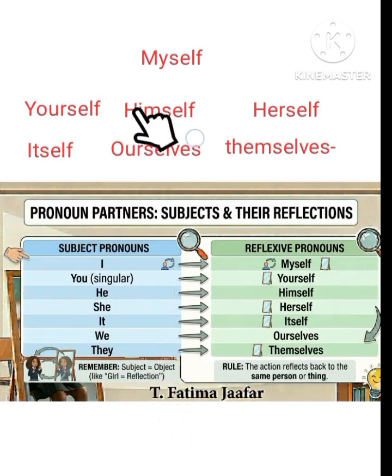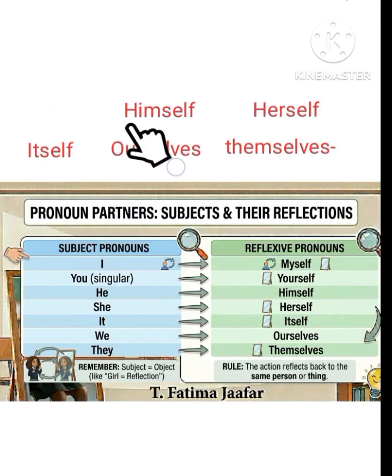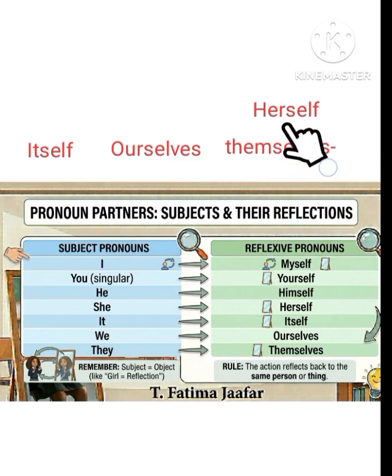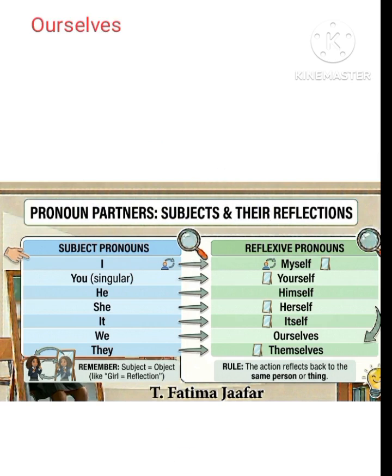The reflexive pronouns are myself, yourself, himself, herself, itself, ourselves, and themselves.